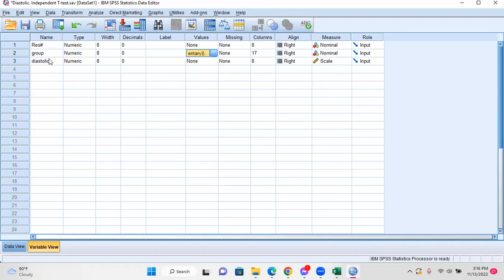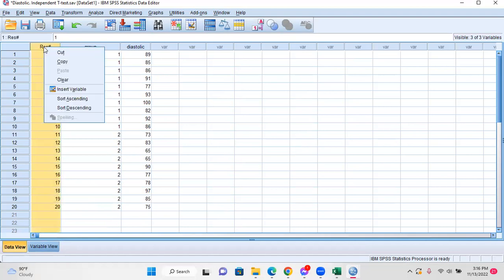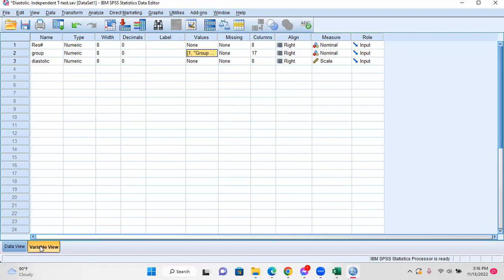Etong res number, this is just the respondents. Pwede na tong i-clear, kasi respondent number lang naman yan. So, etong group 1 and 2, they are nominal.